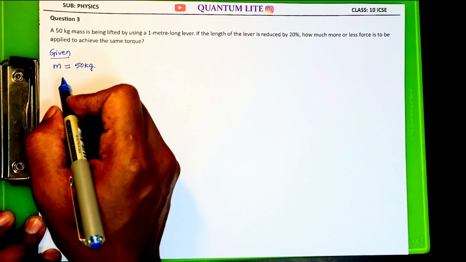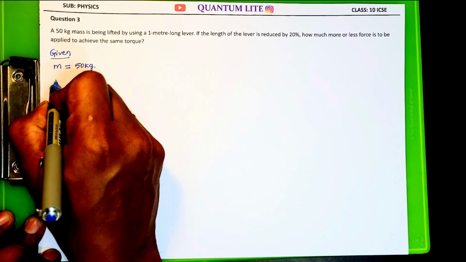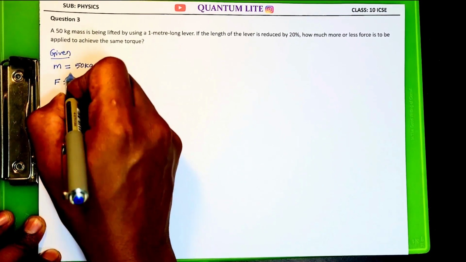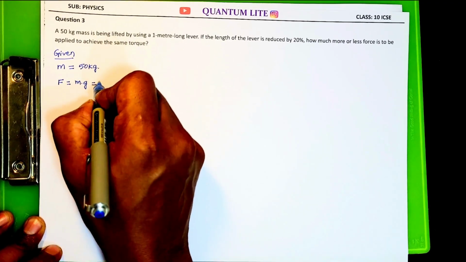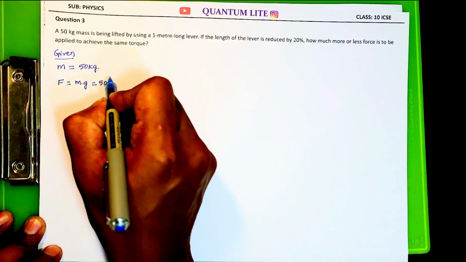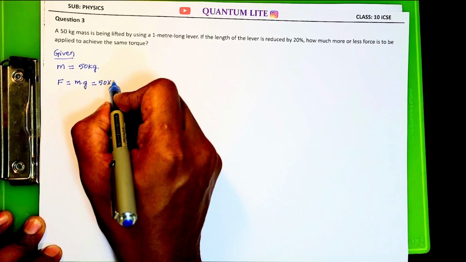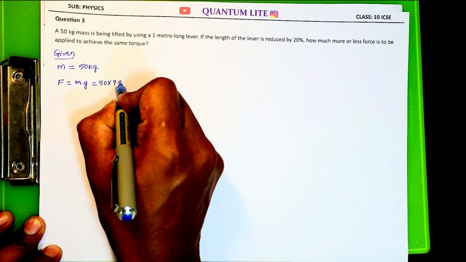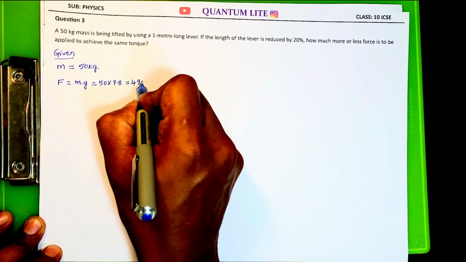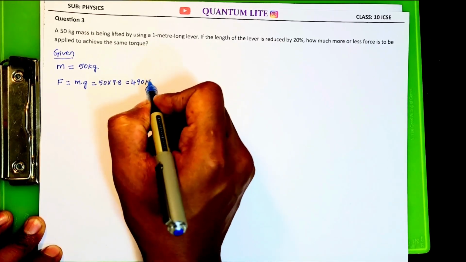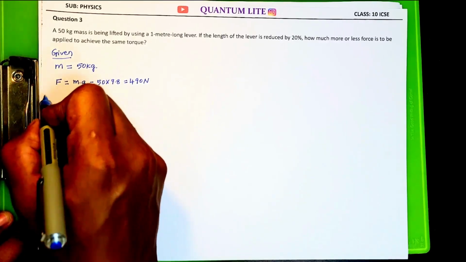Okay, so let us calculate the force first. F is equal to M into G. M is given 50 into acceleration due to gravity 9.8, that is equal to 490 Newton. Now let us calculate the torque.